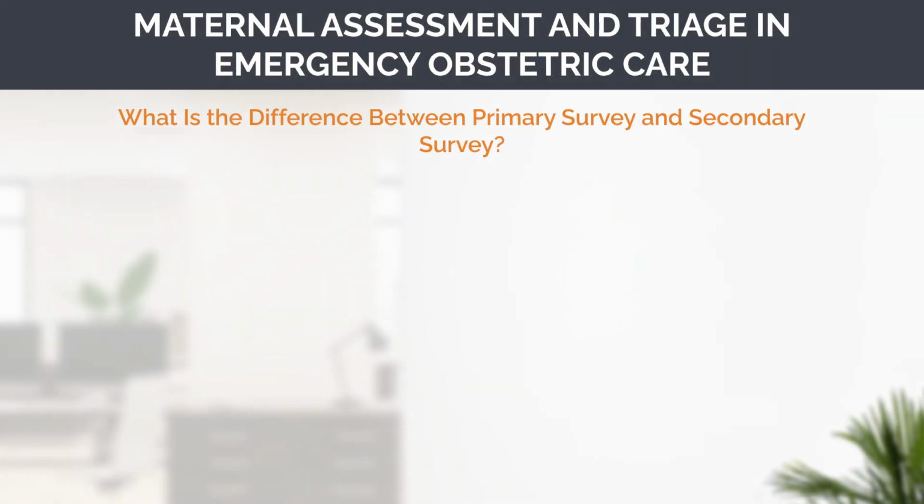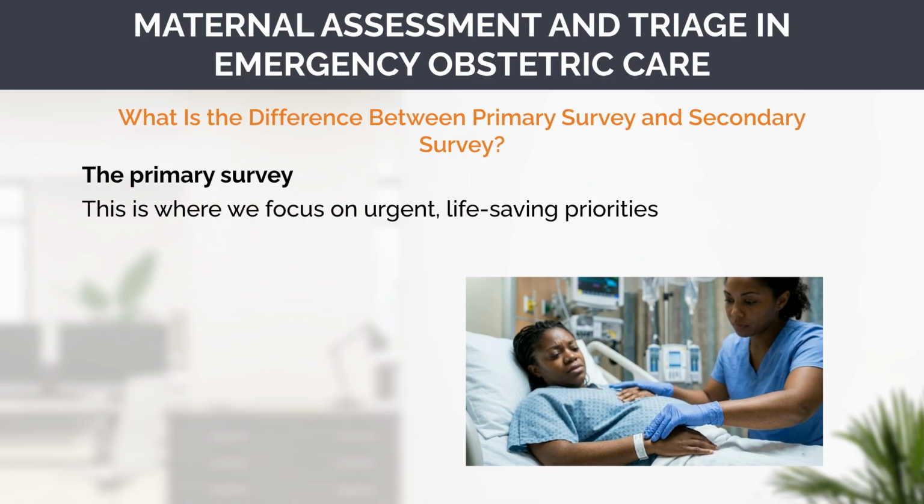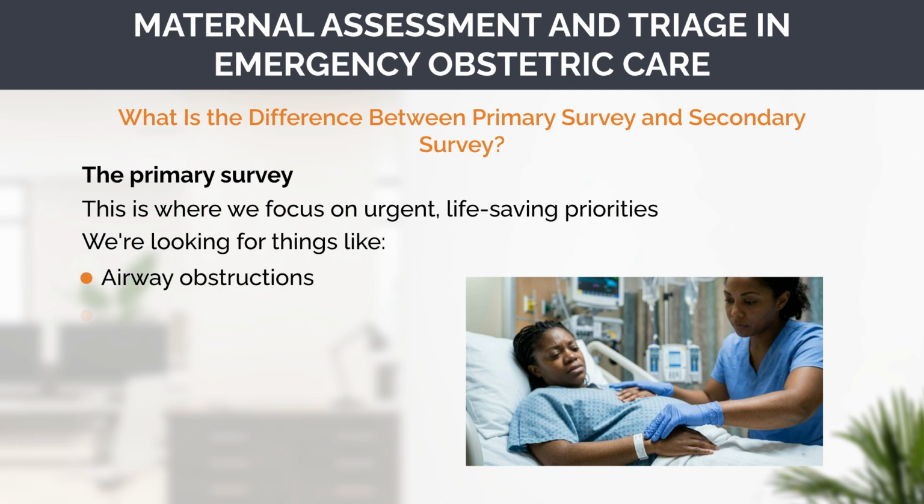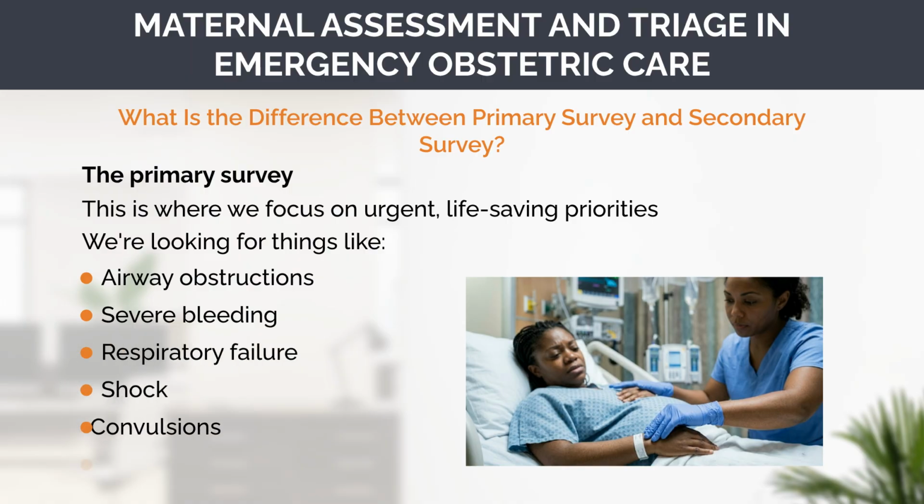Let's look at what each one involves. First, the primary survey. This is where we focus on urgent, life-saving priorities. We're looking for things like airway obstructions, severe bleeding, respiratory failure, shock, convulsions, or collapse.